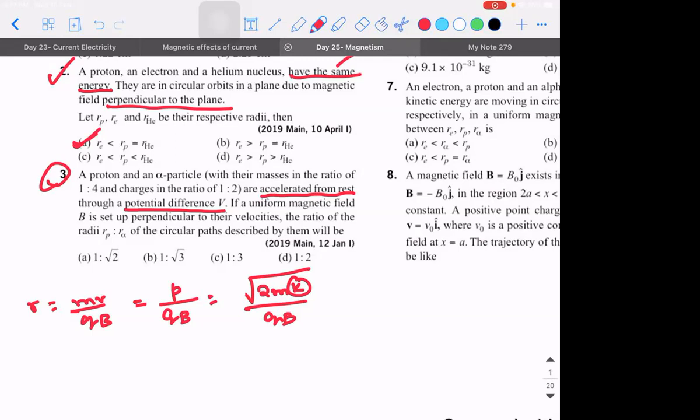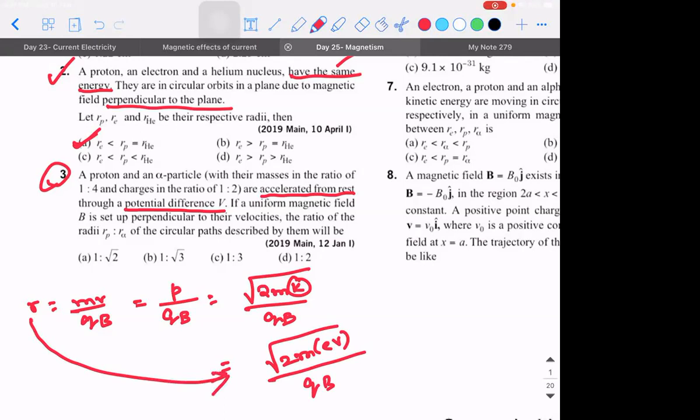Sir, you should put it as eV, that kinetic energy. That's right. So root of 2m into eV divided by qB. So that is what they are indirectly saying, use this formula in this question. Use this and tell me what is the answer. Do it fast. So R is equal to root of 2m into eV divided by qB. So keeping the constant parameters aside, try to calculate what they are asking.